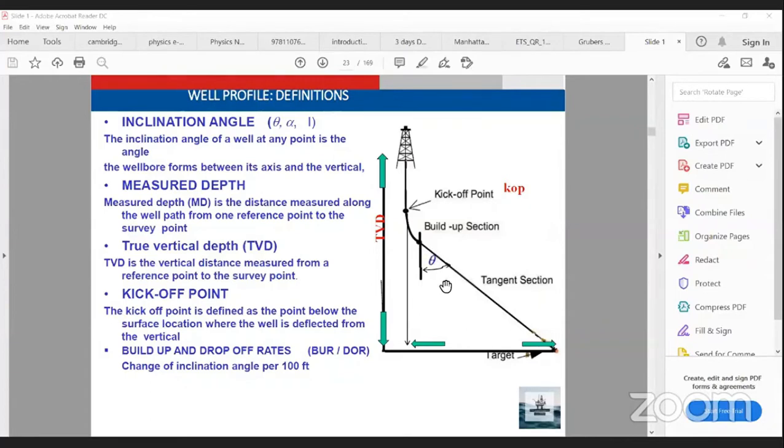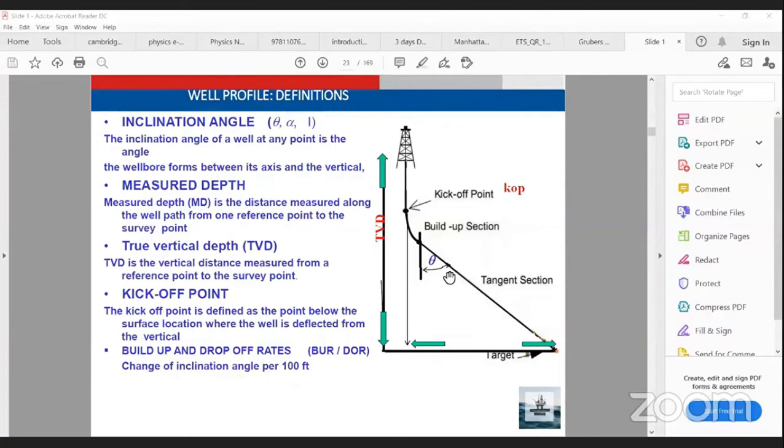If the target is here, I need to drop off to decrease the angle from the maximum angle I reached, 40, to return vertically to 0 degrees. It is called drop off rate, which is the decrease of inclination per 100 feet. It is the opposite of building.